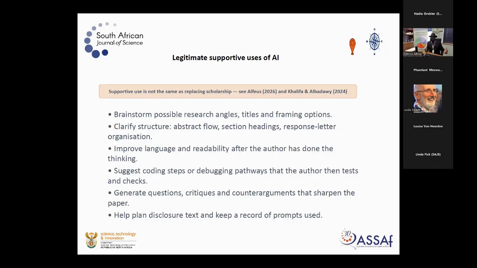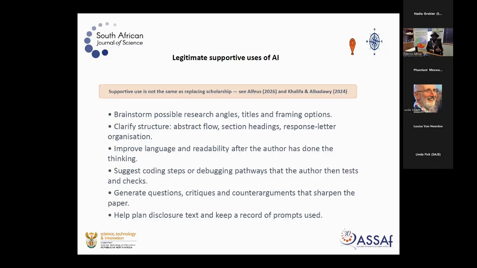It can suggest code, how you want your code to be set up, and maybe how to debug your code or the pathway and so on. Everything lies in your hands, but the AI is maybe just to frame the way you want your manuscript, and also help to plan how you're going to write a disclosure statement toward the end of your manuscript, and to record the prompts that you have used.